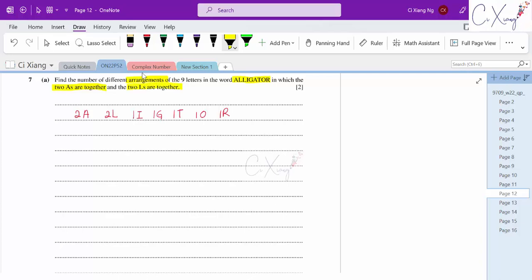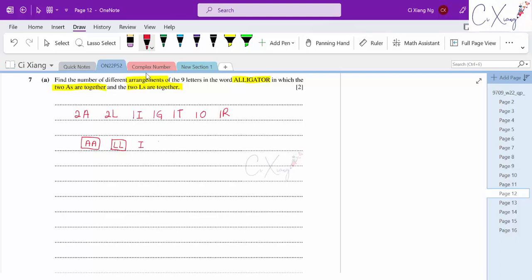When we have 2 A and 2 L together, we bundle both A together as one unit, and I bundle the 2 L together as one unit as well. That means no matter how we arrange, since we treat each as one unit, they will not be separated. So it fulfills the condition that the A and L are together.